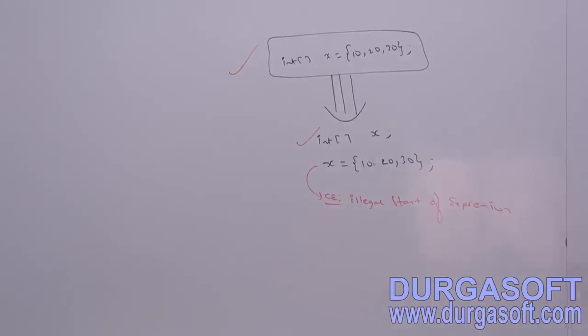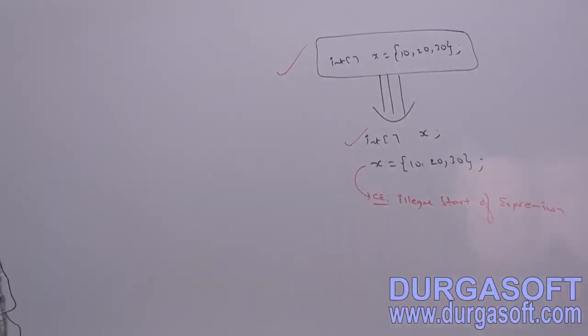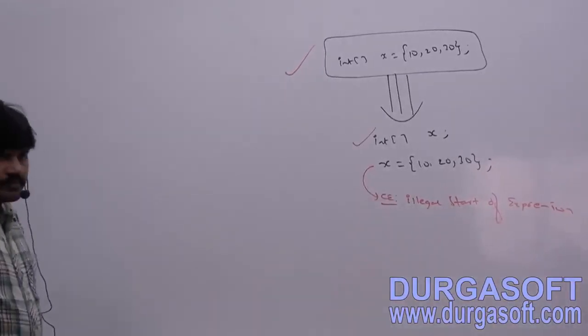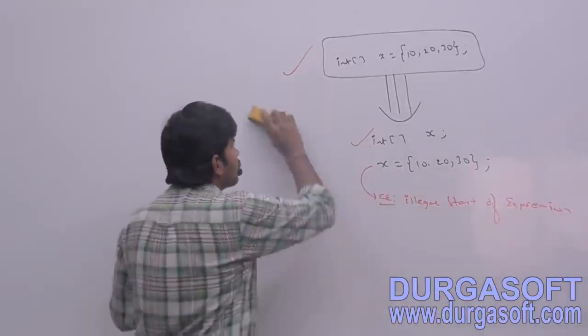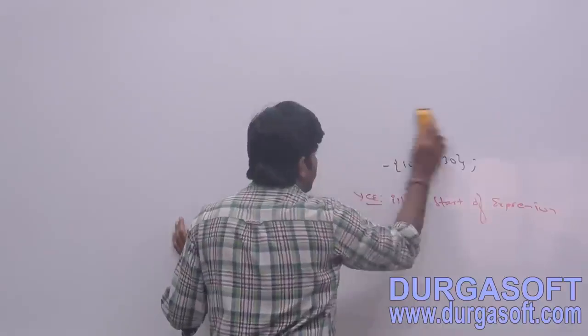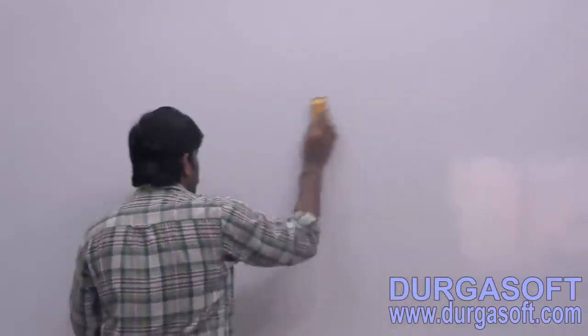Int array x is equal to 10, 20, 30. I hope it is clear for all of you, right? Okay, that's all. This is about array declaration, creation, and initialization in a single line.